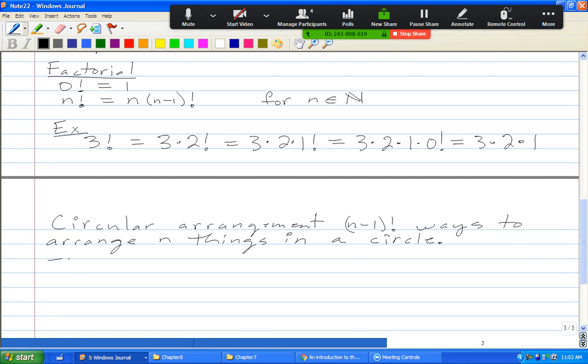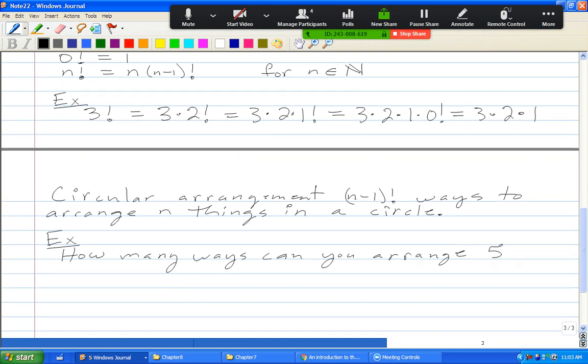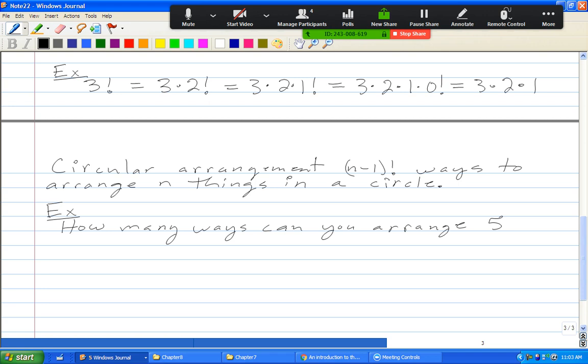So for example, how many ways can you arrange, let's say, 5 people to be seated on a circular table?